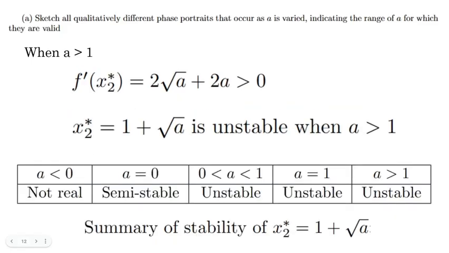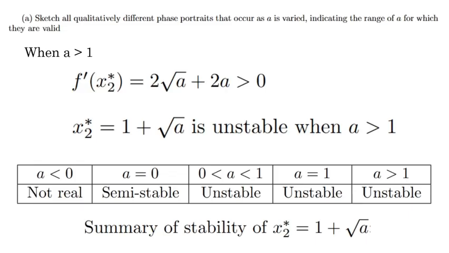Now, looking at the case when a is greater than 1, we get that f of x2 is equal to 2 root a plus 2a, which is always greater than 1 as a is always positive. Therefore, x2 is unstable when a is greater than 1.